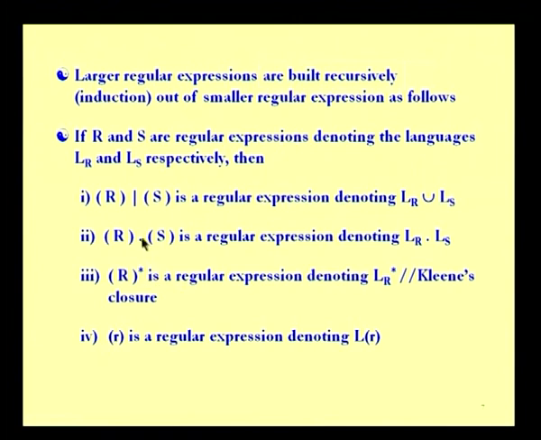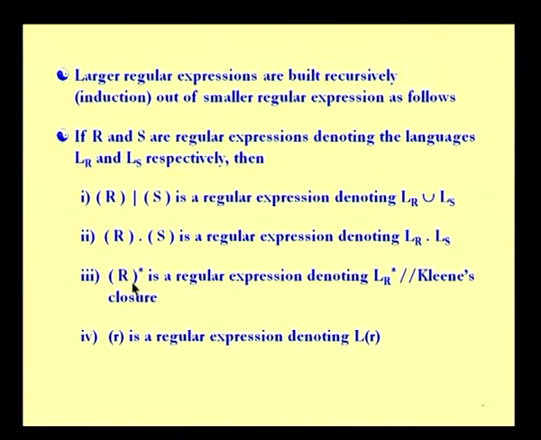Similarly we have the concatenation, written either with a dot or simply by combining R and S. The meaning is that you write a string from R immediately followed by a string from S. So we write the language as L(R) dot L(S).